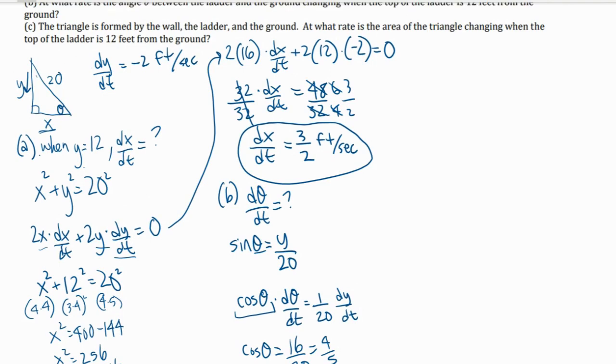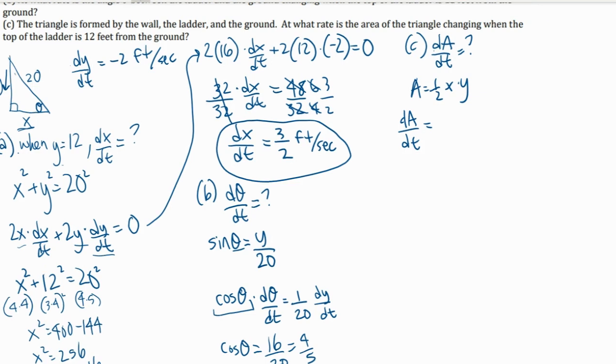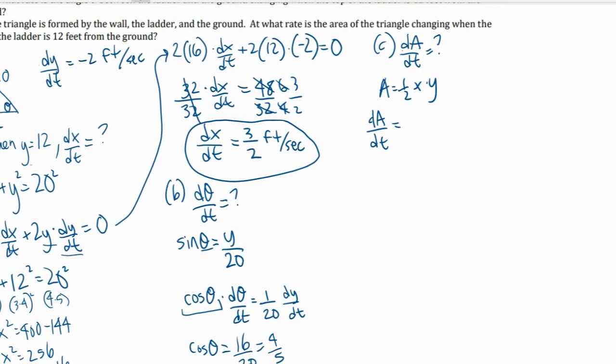Okay, and then lastly, part C. At what rate is the area of the triangle changing when the top of the ladder is 12 feet from the ground? So area, dA dt, the rate at which the area is changing is my question here. So let's set it up. Area equals 1/2 base times height. So dA dt is equal to, all right, and I am going to have to use the product rule here.